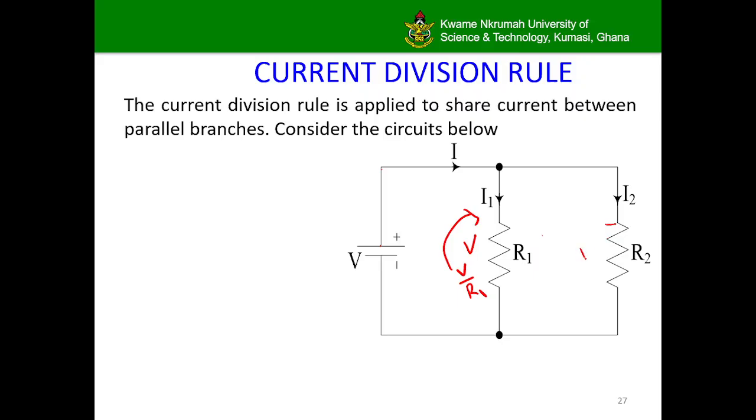If we know the voltage V across R2, then we can do V over R2 to get I2. Now, since the voltage V, the total voltage of the circuit, is directly across R1, the voltage across R1 is also V. And since R1 and R2 are in parallel, the voltage across R2 will also be V.